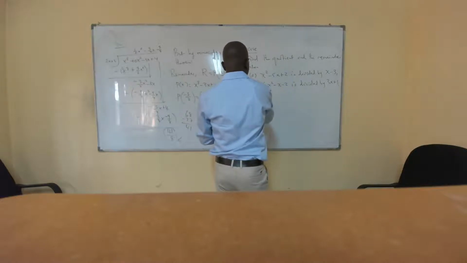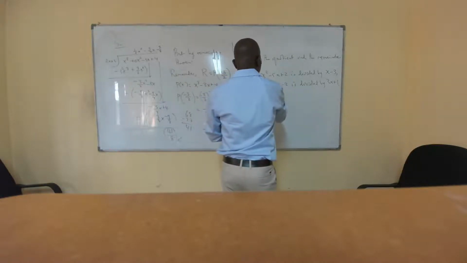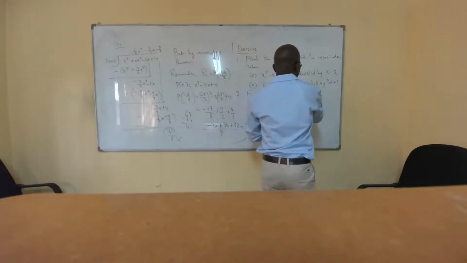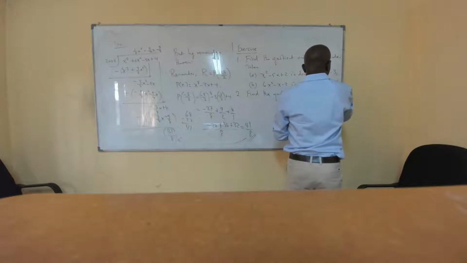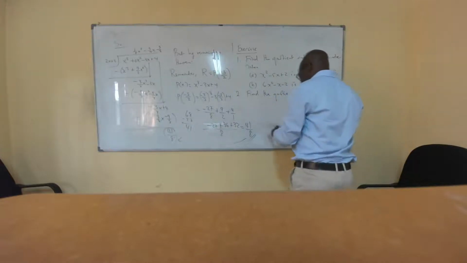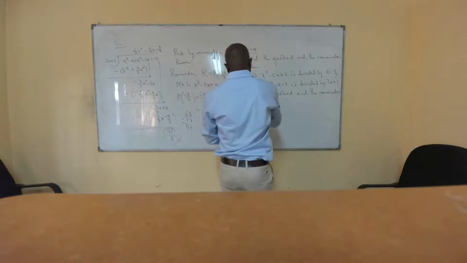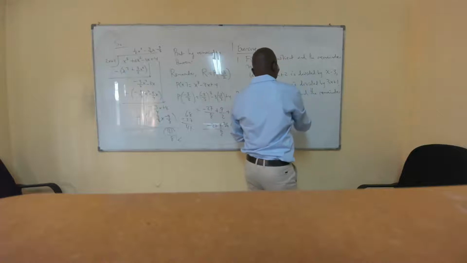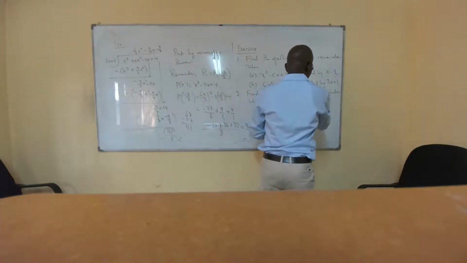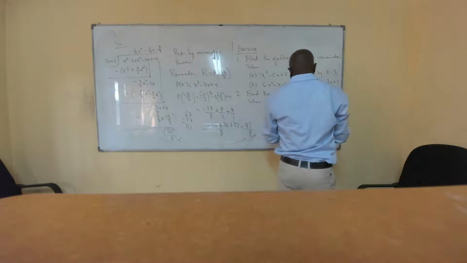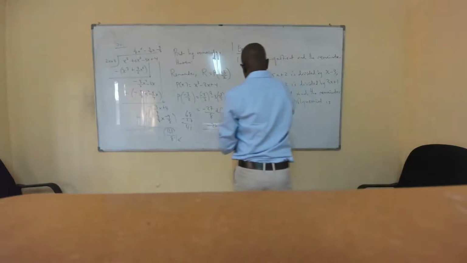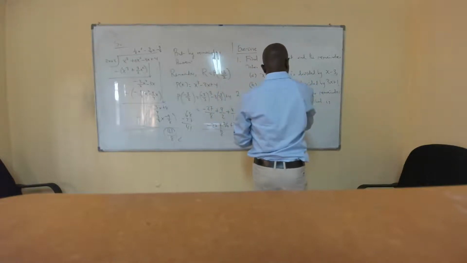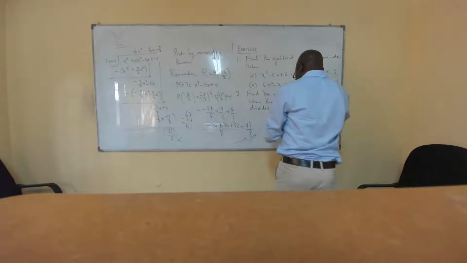2, find the quotient and the remainder when the first polynomial is divided by the second, in the following cases.